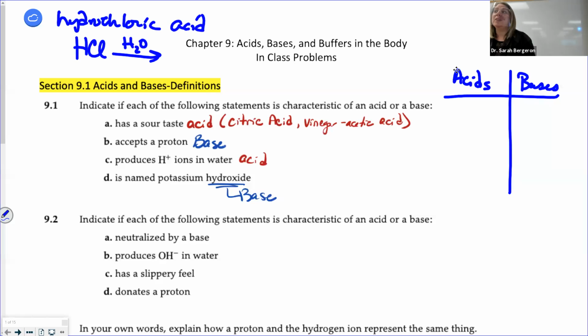Y'all, there's two atoms there. Hydrogen's one of them, and chlorine's the other. So now that I've separated them, they're going to be charged, right? So what's the charge on chlorine? -1. Therefore, in order for my original compound to be neutral, what must be my charge on hydrogen? Positive, right?